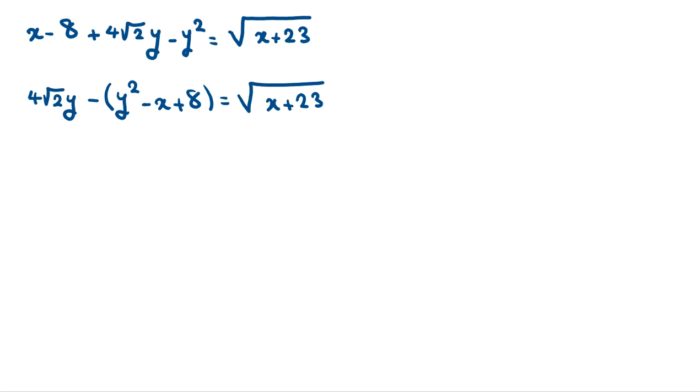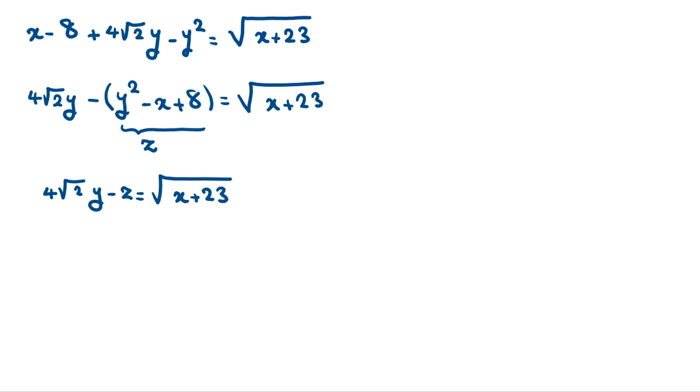Okay, so here we see it's an equation in terms of y and x. So I call this one z to work with these square roots. So I say it is 4 root 2 y minus z equal to square root of x plus 23.